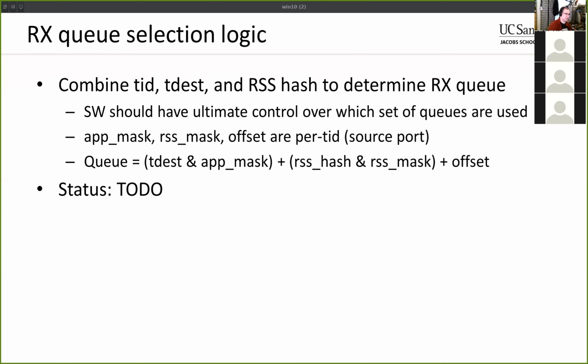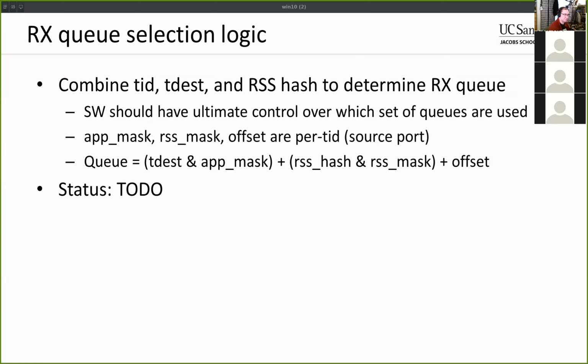So we have to be able to restrict what the application module can do, and also restrict what RSS can do, but combine these in a way that we can divvy up all of the queues into here's what this port can use, here's what that port can use, here's what the application section is allowed to do, based on how many queues are enabled and whatnot.